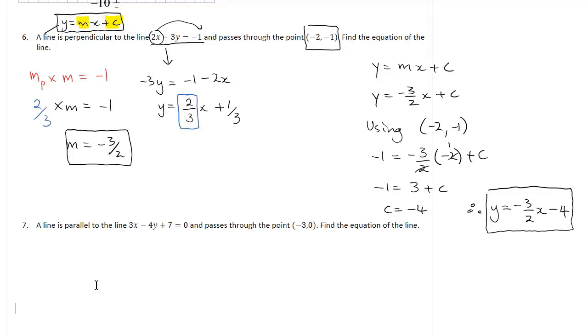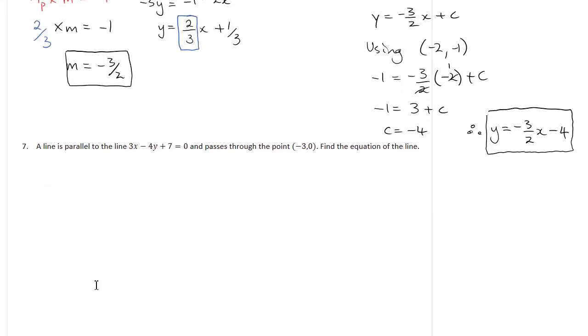We have now found the equation of the line, which was the purpose of the question. Okay, so question 7 is kind of a very similar concept where a line, we don't know the line equation, but we do know now it's parallel to this equation and passes through this point here. We have to find the equation of that unknown line. So once again, we're going to deal with this equation here.